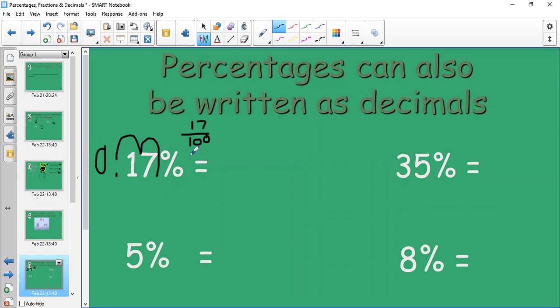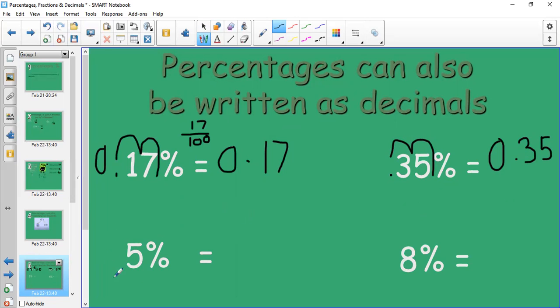So 17% as a decimal is 0.17. What about 35% as a decimal? Again, you're just dividing 35 by 100, so we move our decimal point back 2 spaces. So it becomes 0.35. So 35% as a decimal is 0.35.